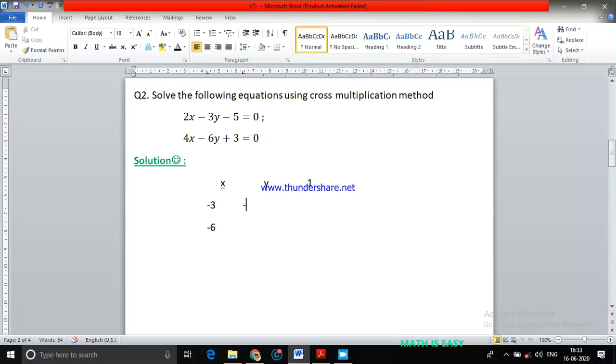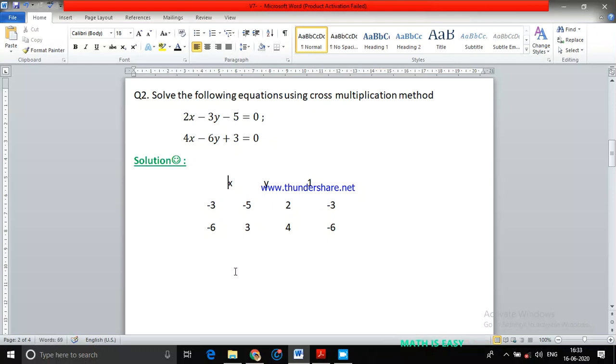So here I'll write constant, so minus 5, this will be 3, then here I'll put x coefficient 2, then here x coefficient is 4, and here again I'll put minus 3, and it will be minus 6. Okay, hope you understood how to write this equation.